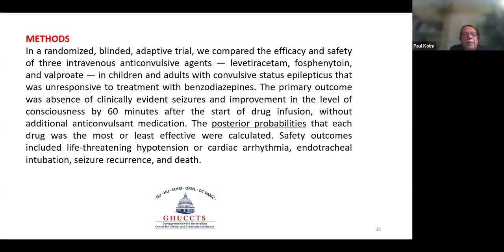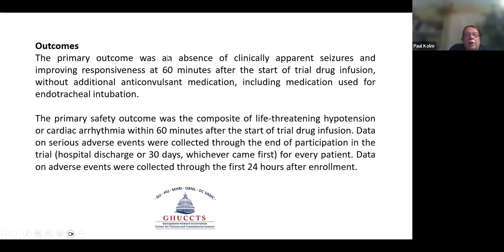And so what they're going to do is make an assumption about the prior probabilities and then update these to the posterior probabilities that each drug was the most or least effective. Their primary outcome was the absence of clinically apparent seizures.